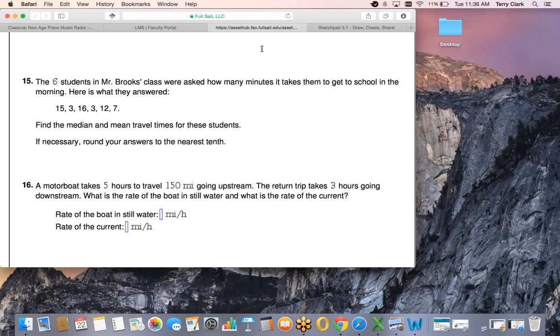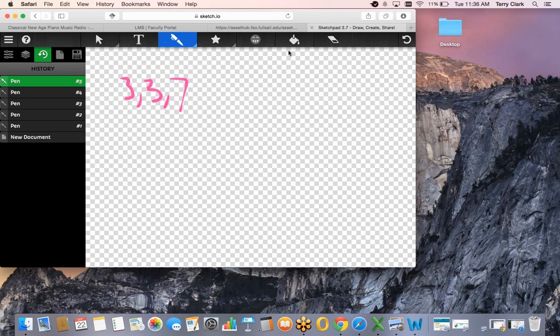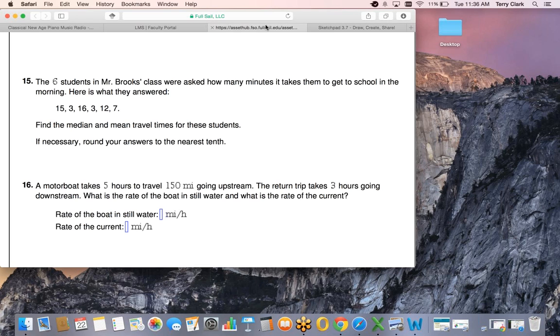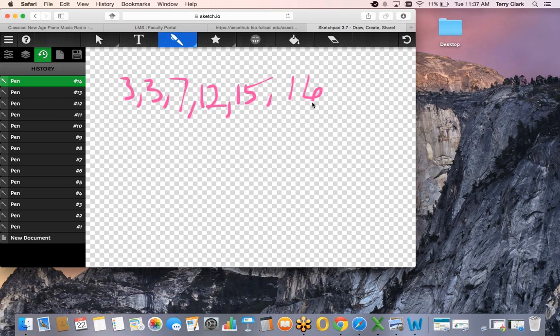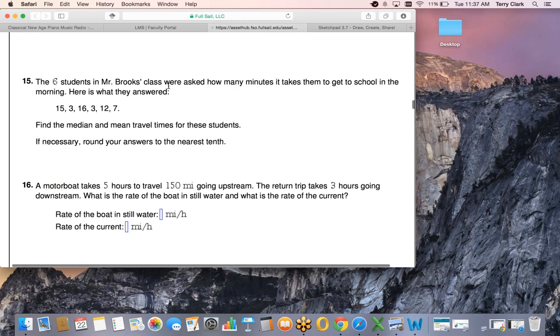Okay, so we got two threes, a seven, we got 12, 15 and a 16. And just like the histogram problem, I'm going to count them up to make sure I put them all in. 1, 2, 3, 4, 5, 6.